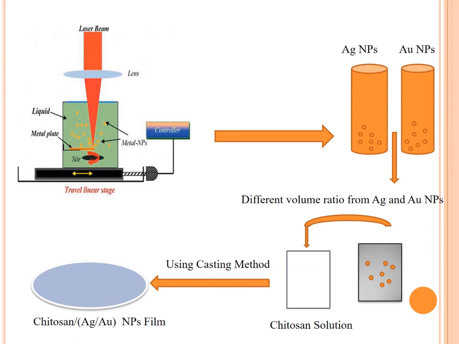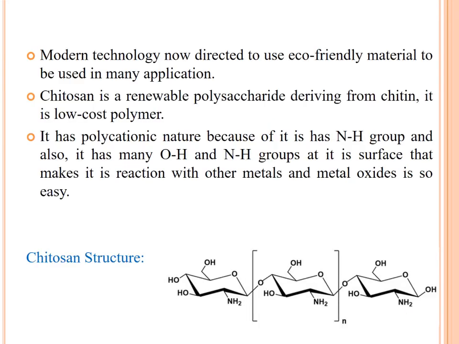Then we prepared different volume ratios of both and added them to chitosan solution, and prepared chitosan, silver and gold films using the casting method. We studied the effect of both silver and gold nanoparticles on the structure, optical properties and antibacterial activity of chitosan.